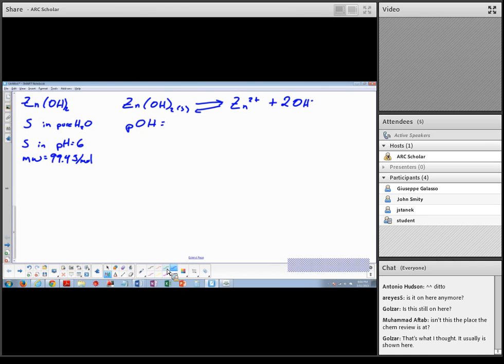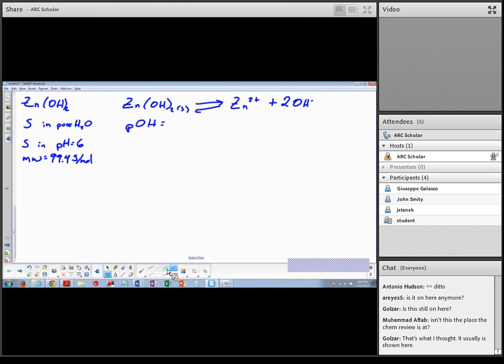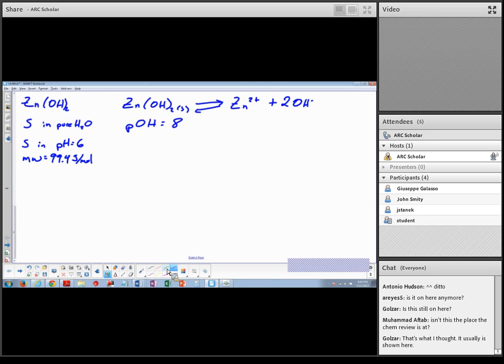It's going to be 8, right? 14 minus 6 is going to be 8. So therefore, the concentration of OH minus in this solution is 10 to the minus 8 molar. Okay, so far so good?